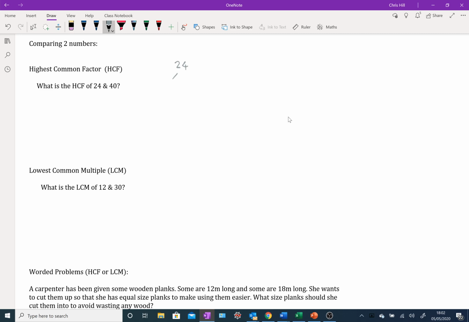So that would be 24. We're going to do 4, 6, 2, 2, 2, 3. So this is equal to 2 to the power of 3 times 3, and 40. Doing the same thing. 10, 4, 2, 2, 2, 5. So that's equal to 2 to the power of 3 times 5.